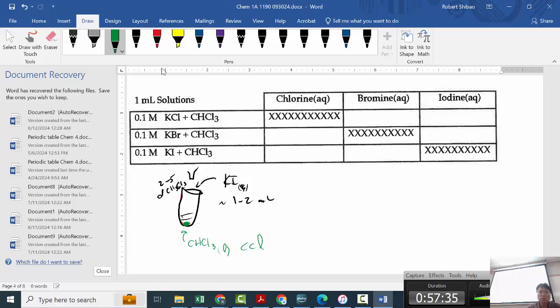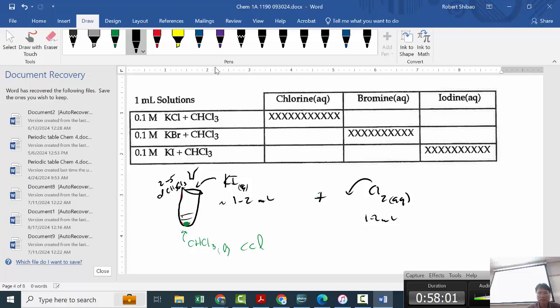All right, then we're going to add some chlorine water to the potassium iodide. I'd probably do 1 mil, 1 squirt. If you do 2 mils, it's getting to be too much, but it doesn't matter.